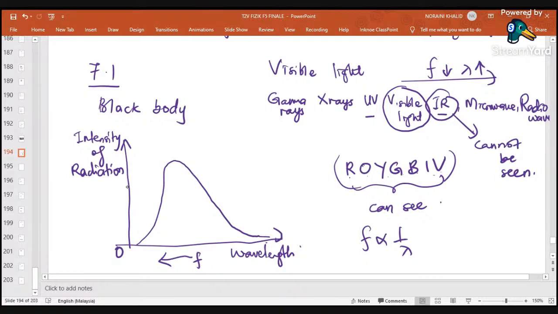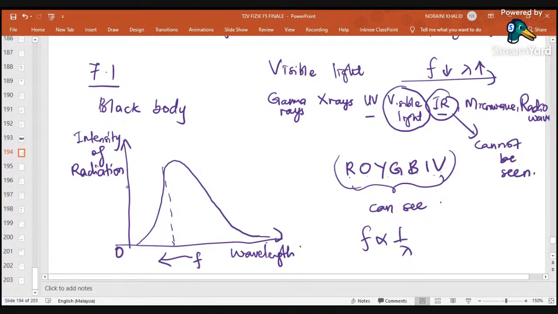So you can see when temperature is very high at this point, okay, suddenly the frequency or intensity of light decreases, okay, at highest frequency. So less light is produced here at very high frequency.